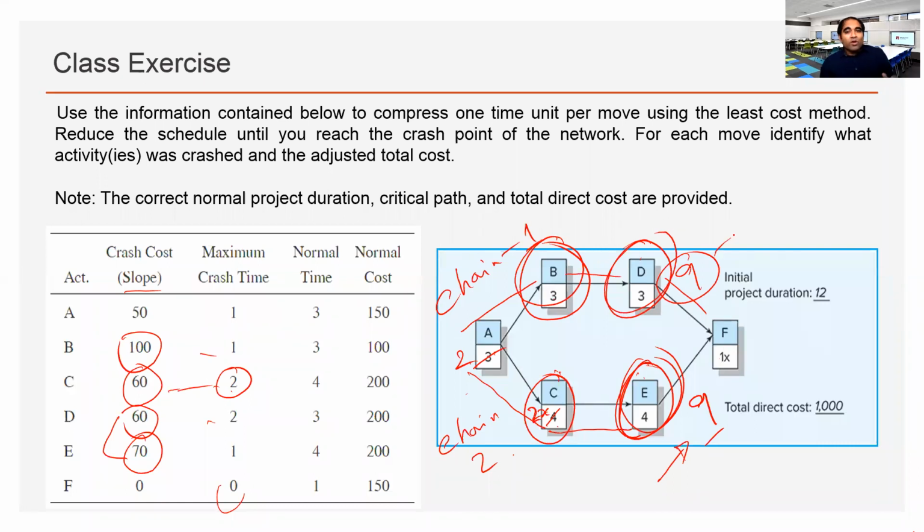No, we don't follow the sequence. We look into the cost. We look into the total cost. So B is actually expensive. If we crash B, that will actually be $100 to crash. We don't follow which one is the next activity that we can crash. No, it's not like that.